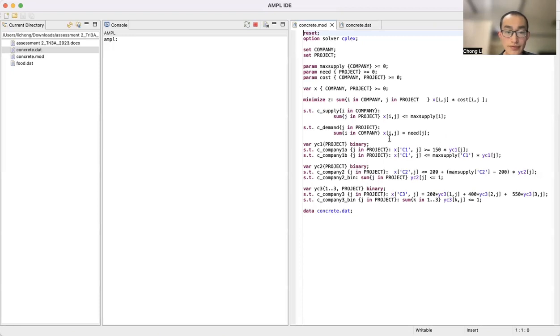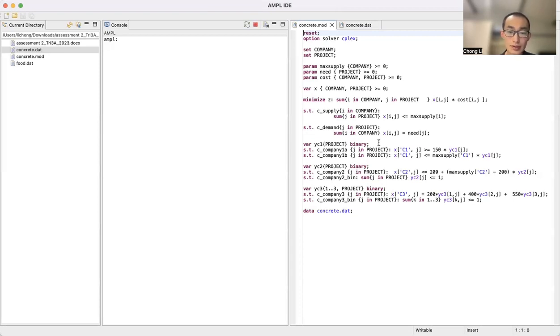And the left hand side of this is the total quantity of concrete from all companies, for every company, that they supply to the project j. And these two are constraints about the production capacity of the company.